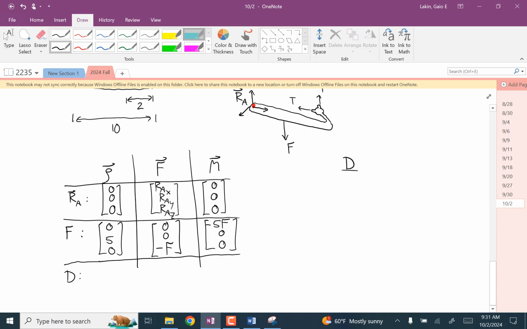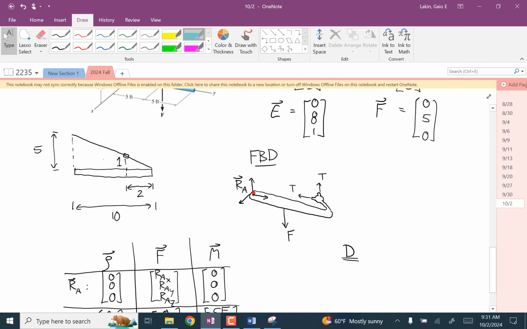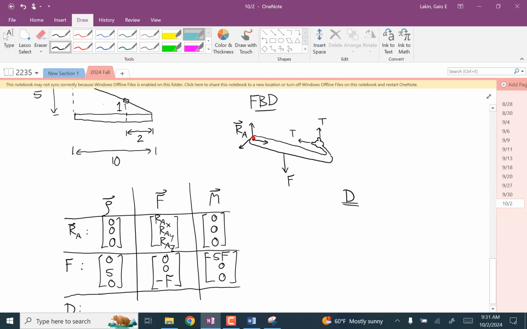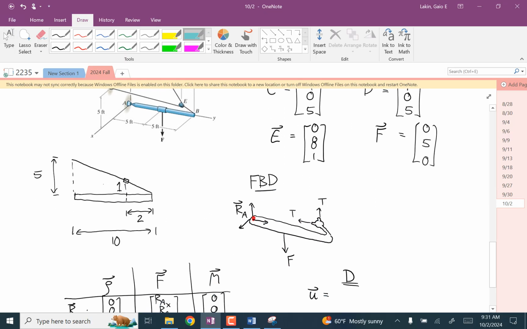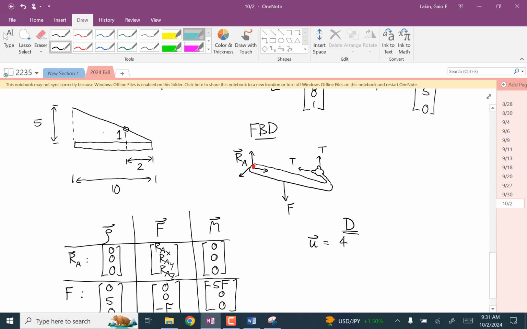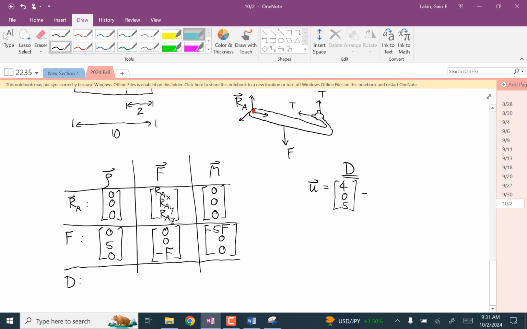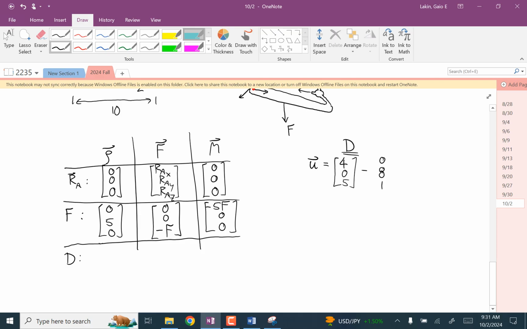So I'll start with the one that's going from the pulley to D. A vector in that direction is D minus E. So 4, -8, 4.